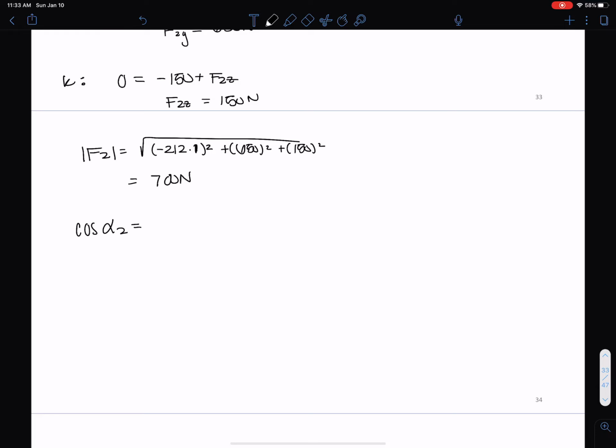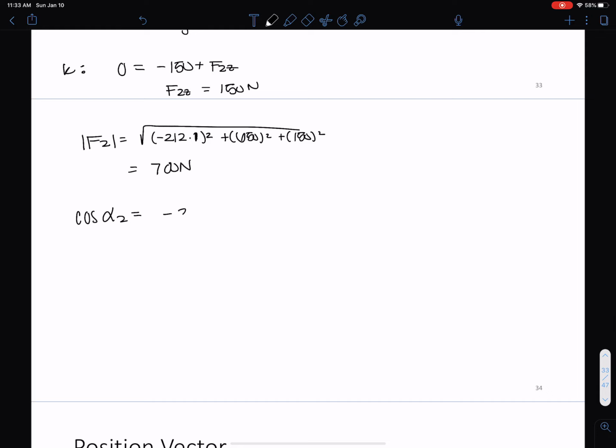Cosine alpha 2, which is force 2 measured from the x direction, is negative 212.1 divided by 700, and I get alpha 2 is 108 degrees. Measured from the y-axis, I get beta 2 equals 21.8 degrees.